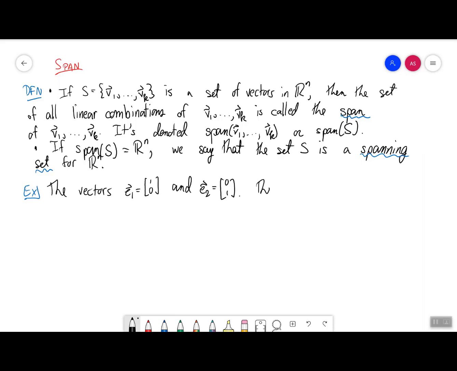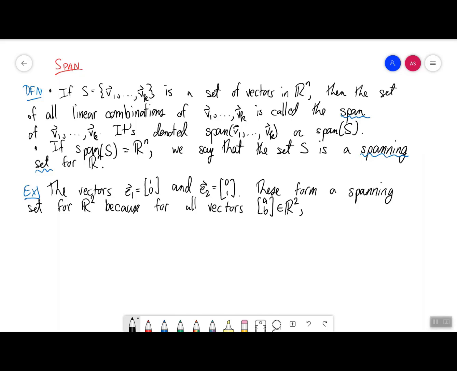These form a spanning set for R2 because for all vectors a, b in R2, we can express the vector (a, b) as a linear combination of e1 and e2 by a times (1, 0) plus b times (0, 1).